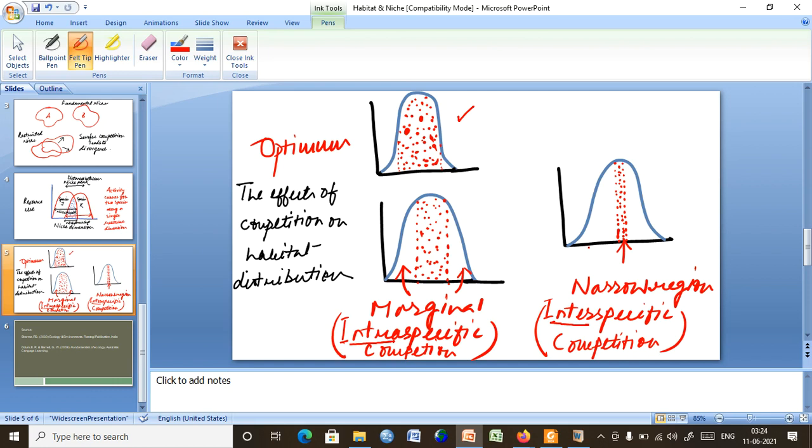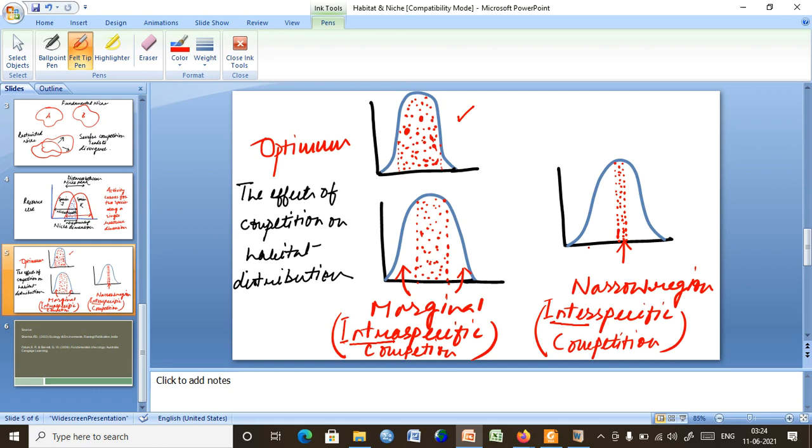So in this way, the niche, or hypervolume, or a three-dimensional space, represents itself in ecology.